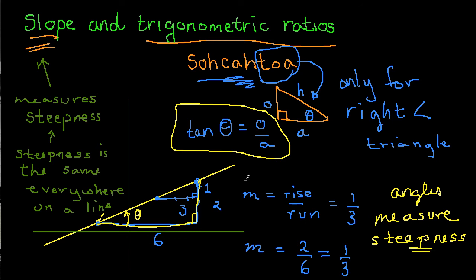Okay, so slope is one way of measuring steepness, and an angle is another way of measuring steepness. So there should be a relationship between them.